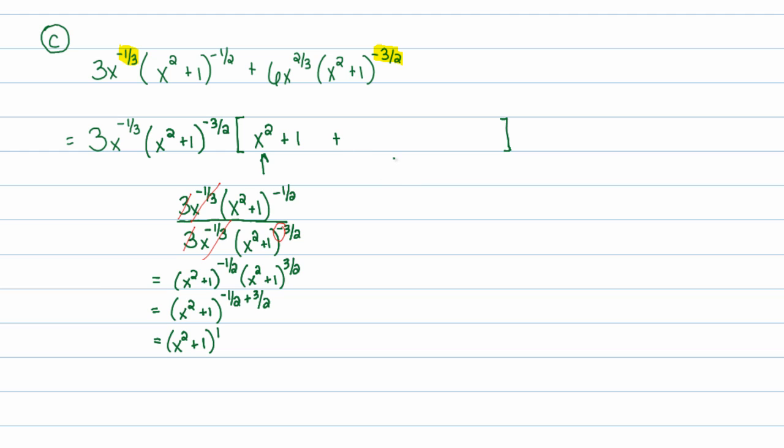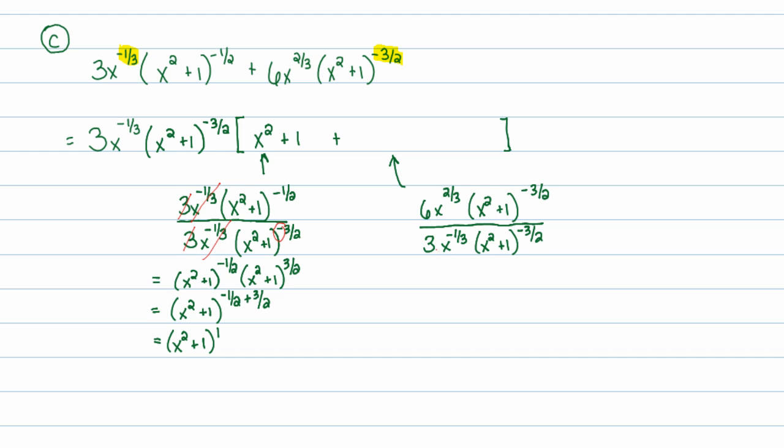In the second position, we had 6x to the 2/3 times x squared plus 1 raised to the negative 3/2. And what we're dividing off of that is 3x to the negative 1/3 times x squared plus 1 raised to the negative 3/2. Well, okay.